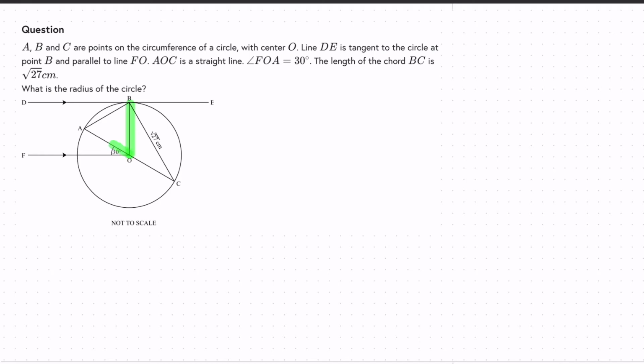We can also see it here, and we can see it here. Okay, AOC is actually a straight line, so that means that, let's do that in a different color there, AOC is actually the diameter, and what that's doing, remember, is it's cutting it into two semicircles.